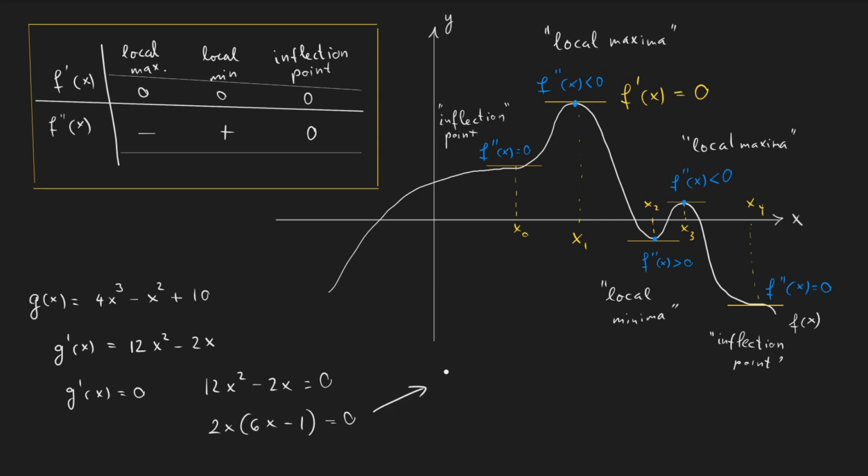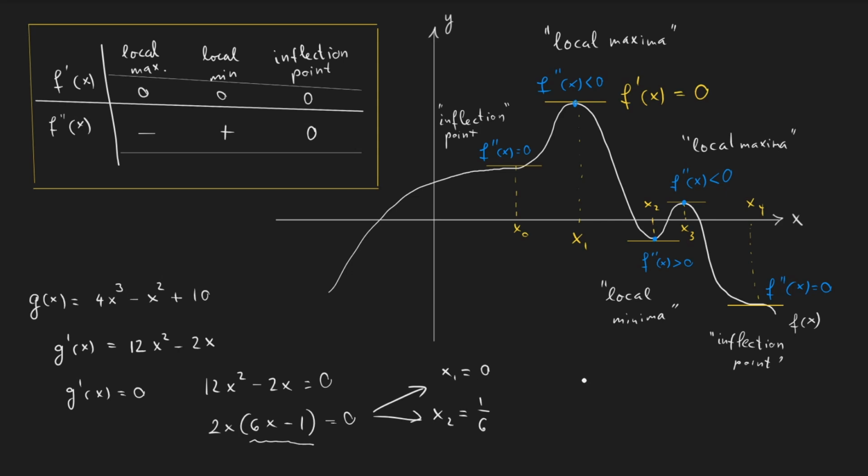This means that the first solution x1 is equal to 0, and for x2, the second factor should be equal to 0, which means x2 is 1 over 6. So in these places, the first derivative is 0.